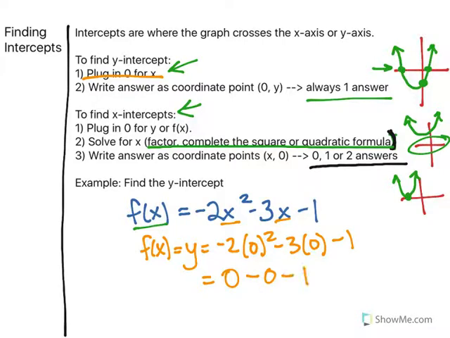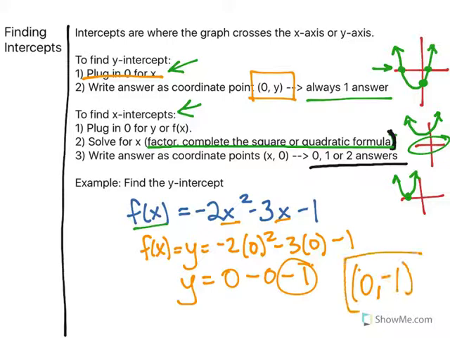And then we've got -1. So when you plug that in, you find out that y equals -1. So our y-intercept is going to be, if we use this form right here, (0, -1). That would be your answer.